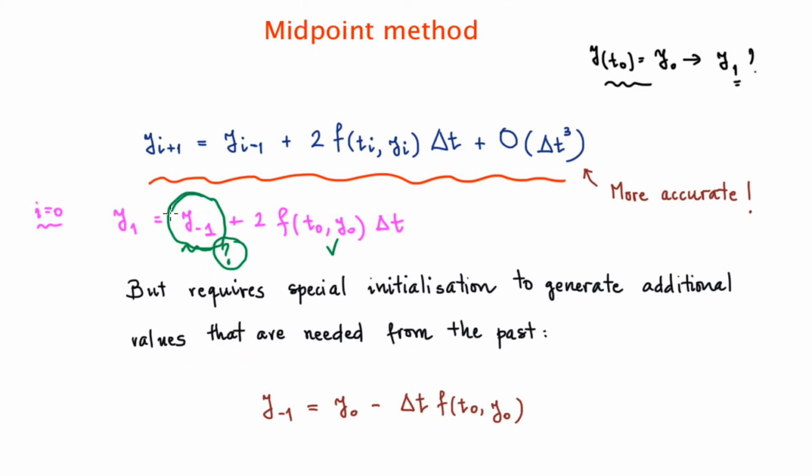So in order to apply that method, we need to bring in the value of the y function evaluated at time minus 1. And how are we going to do that? We are going to apply the simplest Taylor expansion we can. So just consider a Taylor expansion around t0 and apply that to evaluate the y value at time t0 minus delta t, which is what we called time minus 1.